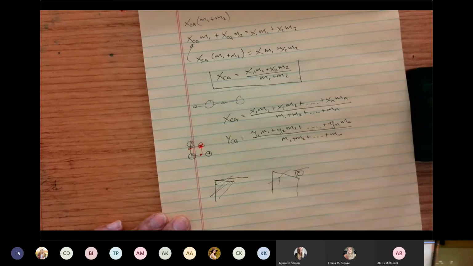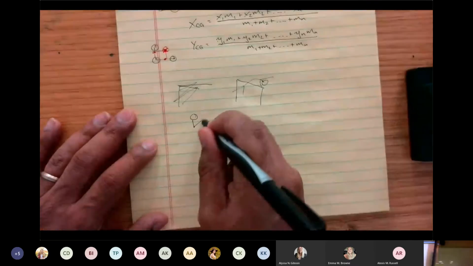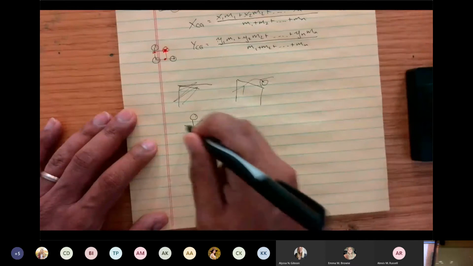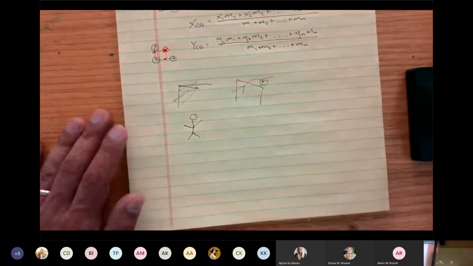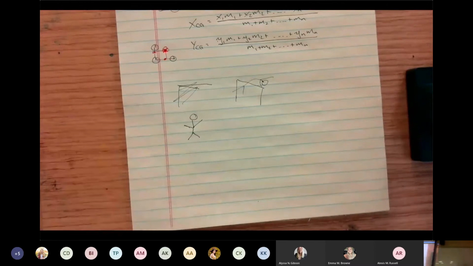Now, if you have a person standing up, our center of gravity is usually somewhere around our belly button. That's usually where it is. Depending on the proportion of your legs with respect to your torso, it may be below or above your belly button, but it's somewhere around there.